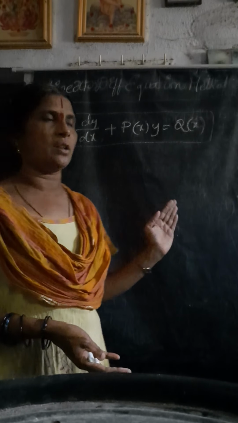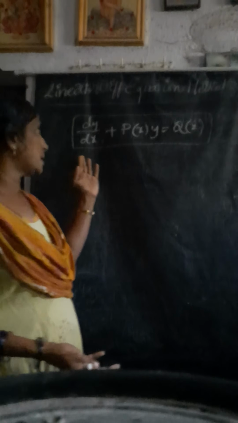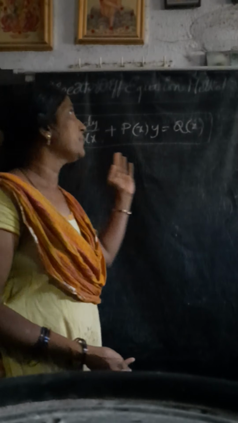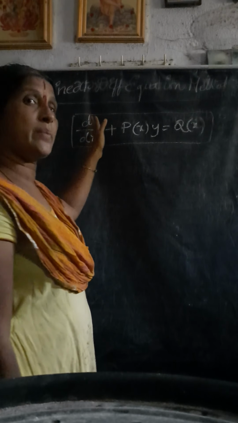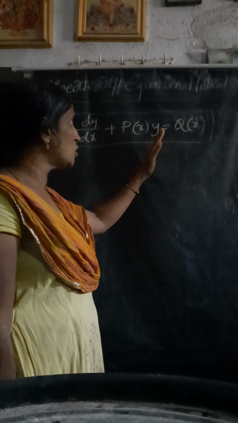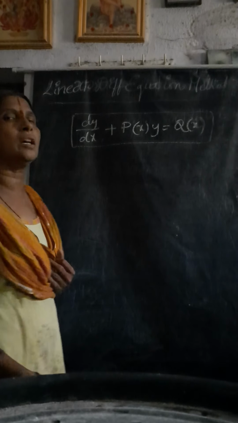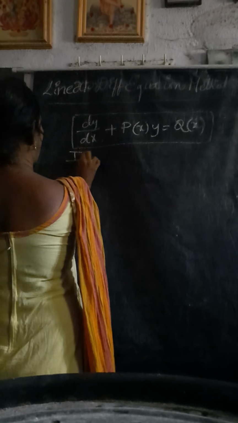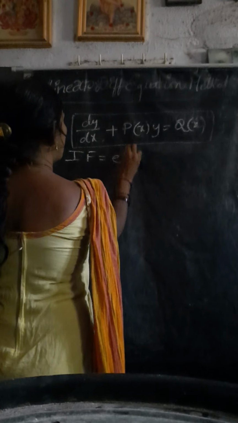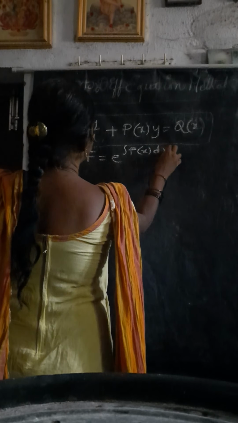First, compare the given differential equation with the general form, that is dy by dx plus p of x into y equals q of x. Next, we have to find the integrating factor, IF equals e power integral of p of x dx.